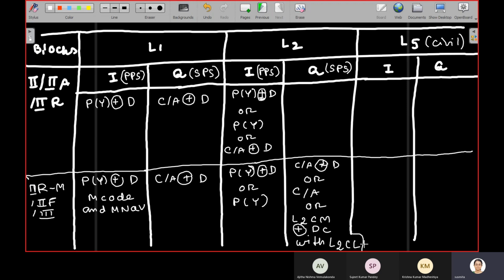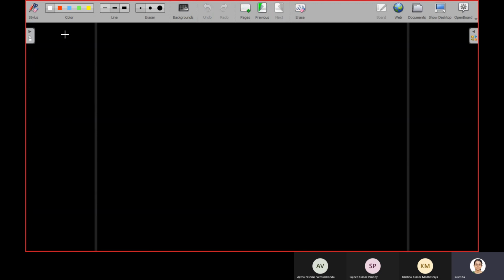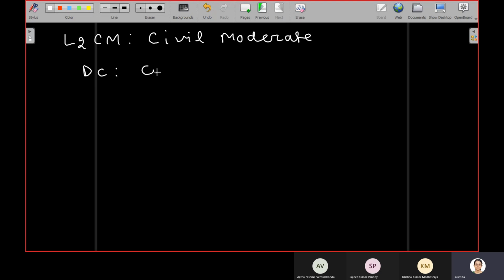Now you will not understand this notation, so let me explain this a little bit more. So I have written L2CL. Basically this is the civil moderate code, and DC is civil lab data.